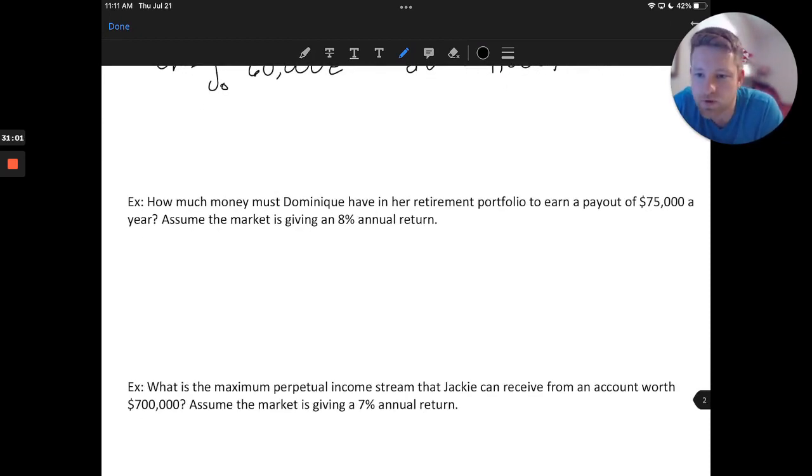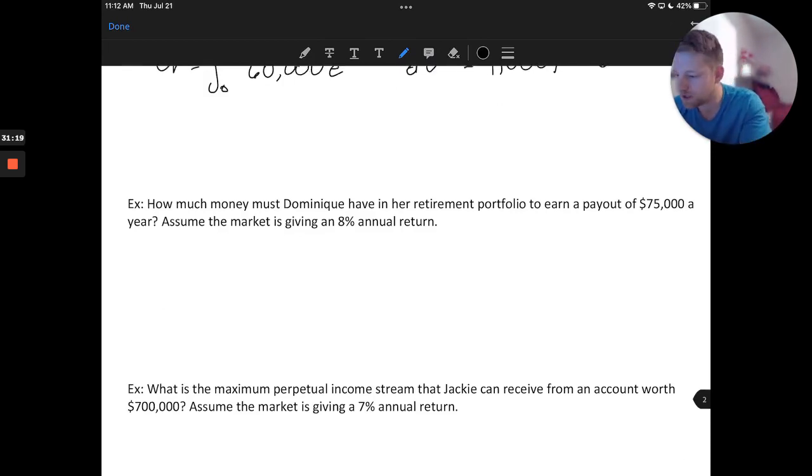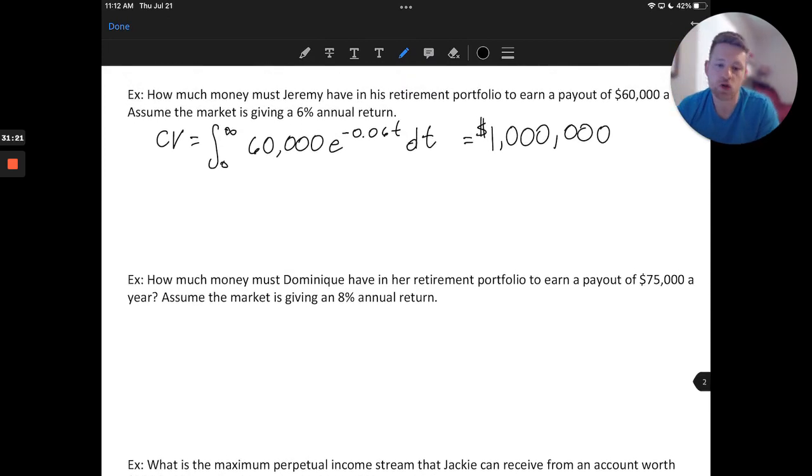So how much money must Dominique have in her retirement portfolio to earn a payout of $75,000 a year? Assume the market is giving 8% annual interest. Okay, so let's just think of this in terms of just the interest that we're getting.